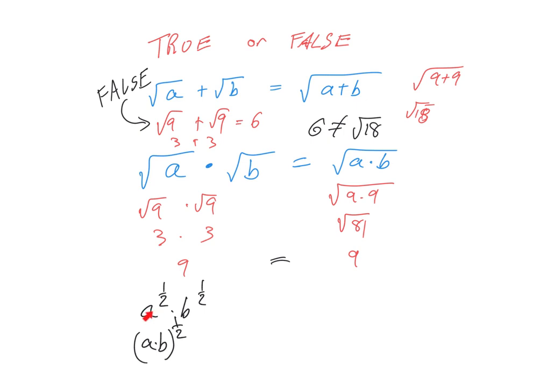If I have two things that have the same power and I'm multiplying, I can essentially pull that power out and write it like this, which is the same as the square root of AB. So in this case, this one is true. The top one was false.